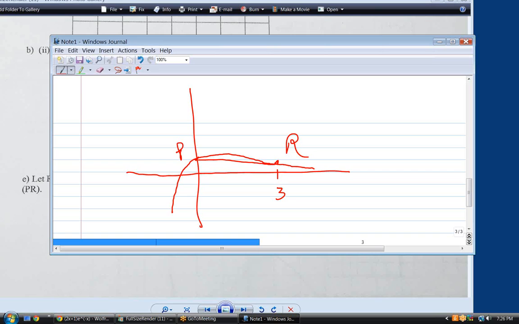Yeah, we're going to have to integrate f of x minus the function that represents PR. In other words, when you're finding the area between two curves, it's the top curve minus the bottom curve.